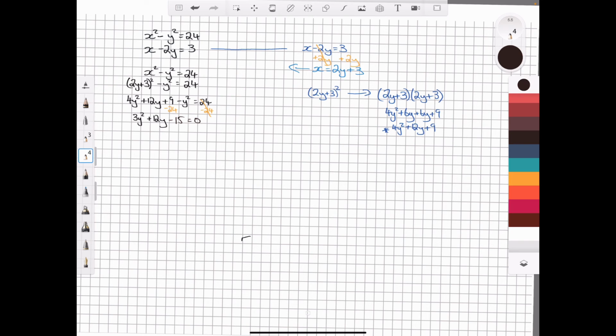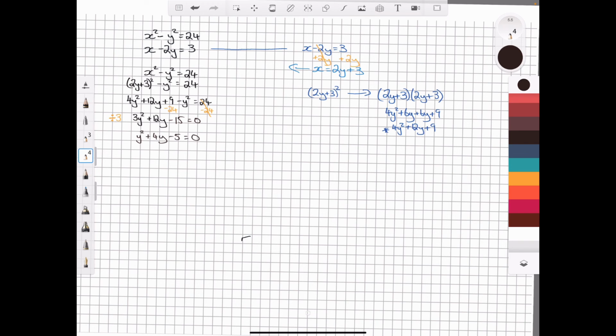So now we can simplify. We can make this equation easier to use if we divide all the terms by 3, because they can all be divided by 3. So if we divide all these by 3, we get y squared plus 4y minus 5 equals 0.